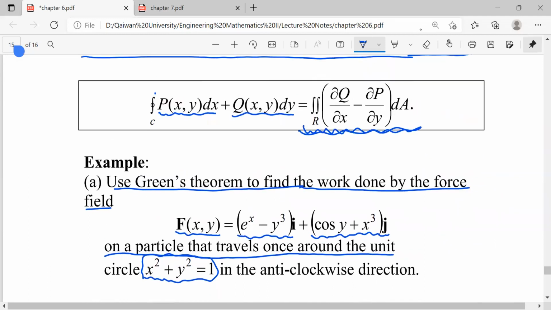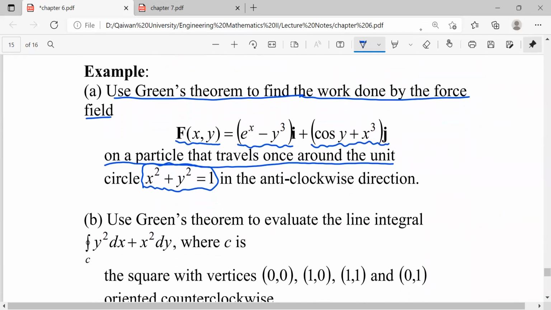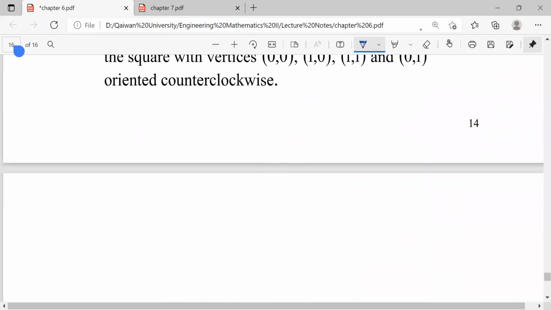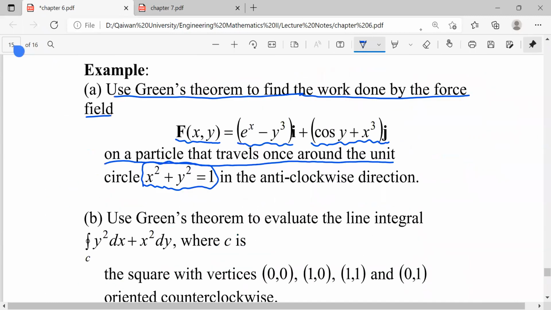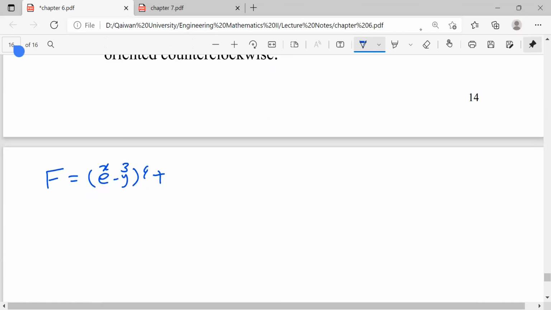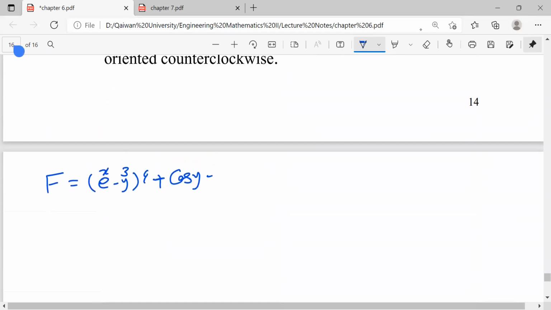Here we have given F of x, y equals e to the power x minus y cubed. We say F equals (e to the power x minus y cubed) i plus (cosine y plus x cubed) j.